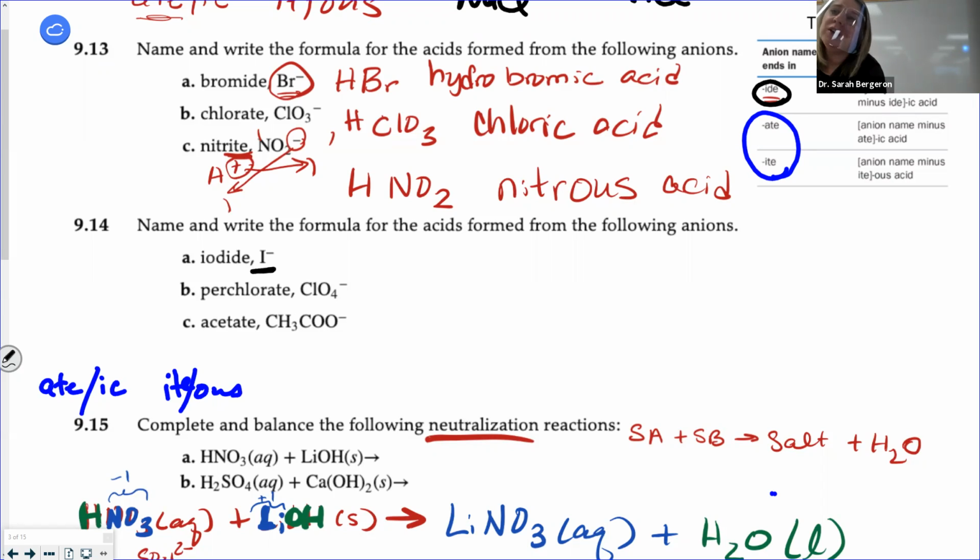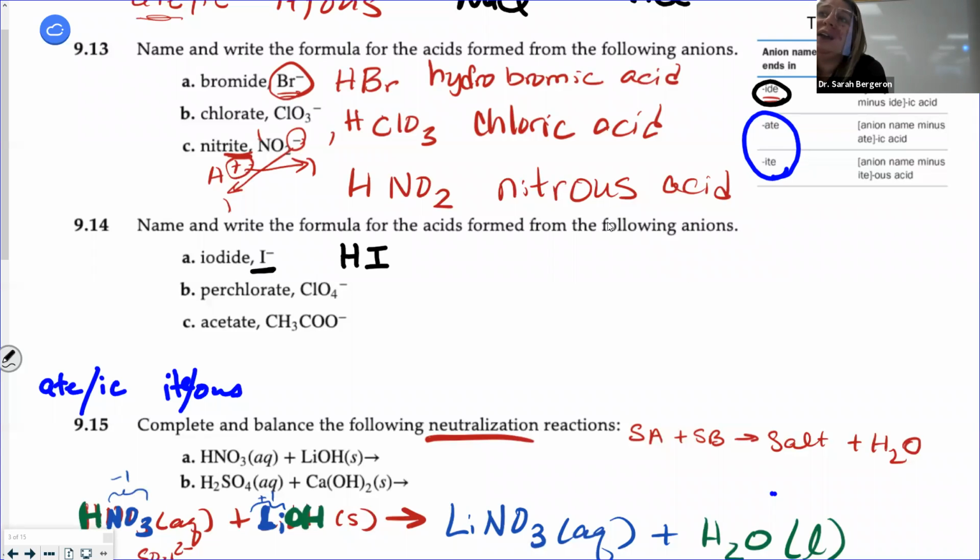How many elements are here? Only one. So to make an acid, I just add a hydrogen and my element. My iodine was a -1. My hydrogen's a +1. I'm overall what? Neutral, right? So now I have a binary acid.